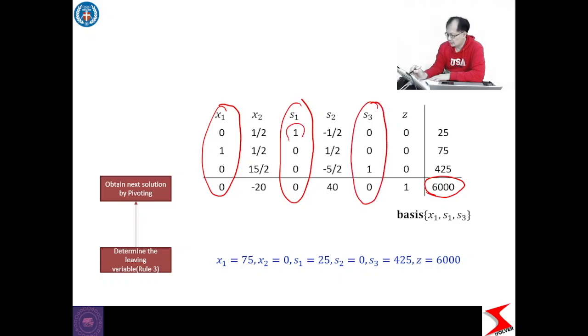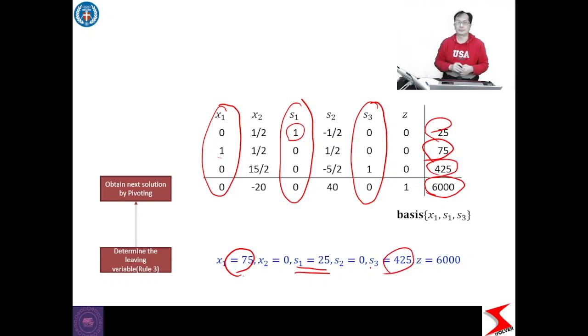So s1 is 25 here, x1 is 75 here, and s3 is 425 here. This is for the basic variables, and for the non-basic x2 and s2 become 0. So the basis here is x1, s1, and s3.